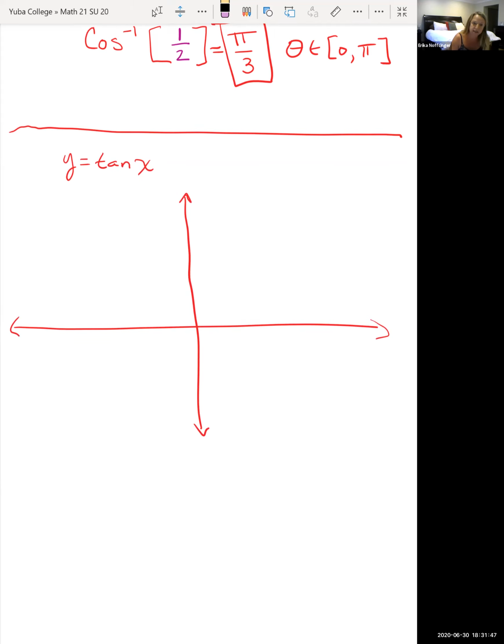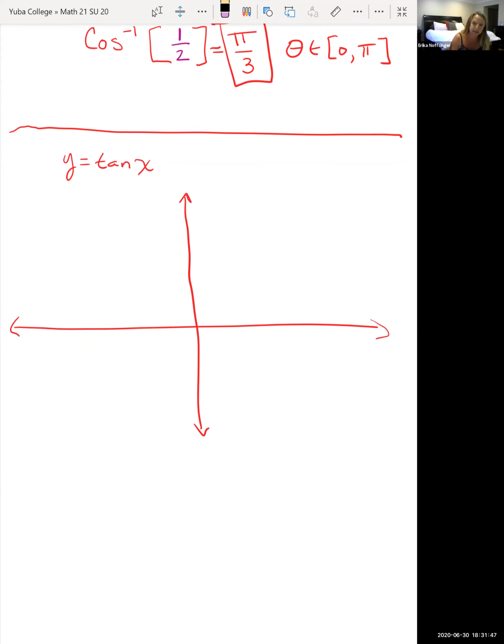So if you're looking at tangent inverse of -√3/3, what value of theta?